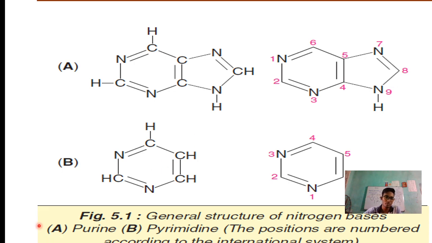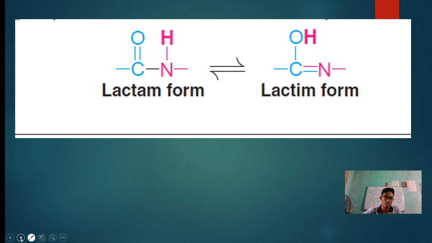So let's discuss the structure. Here there is another term, called tautomerism. What is tautomerism? Tautomerism means the existence of a molecule in a lactam form and a lactim form. The lactam form is also known as the keto form, and the lactim form is also known as the enol form.